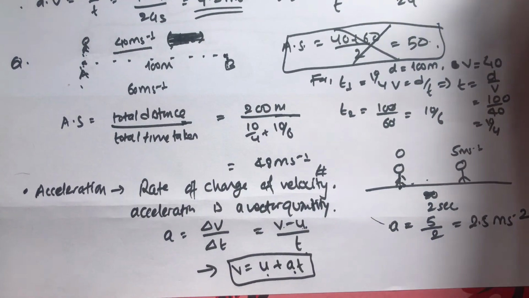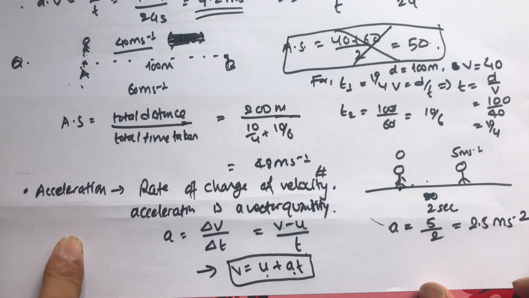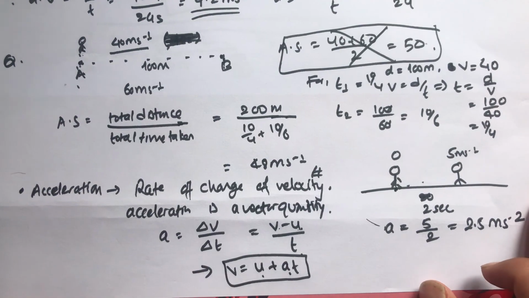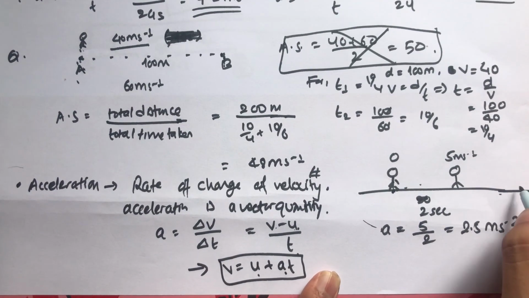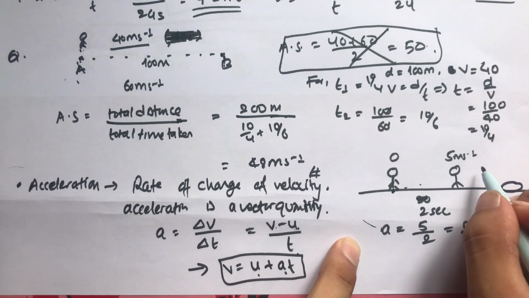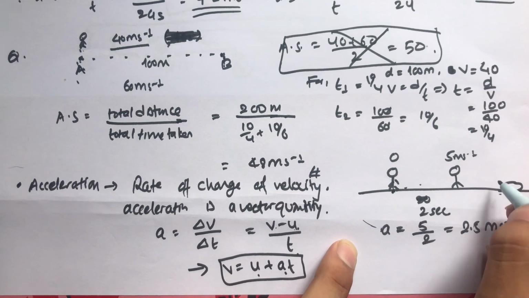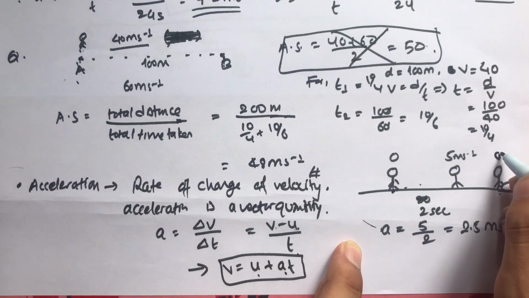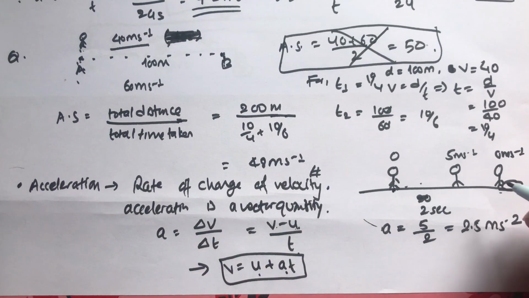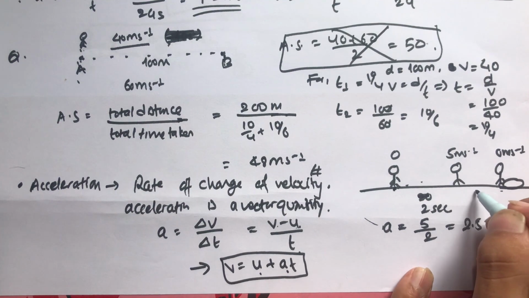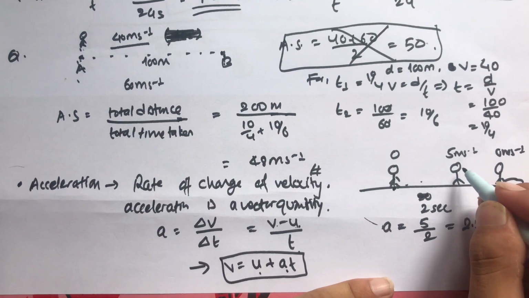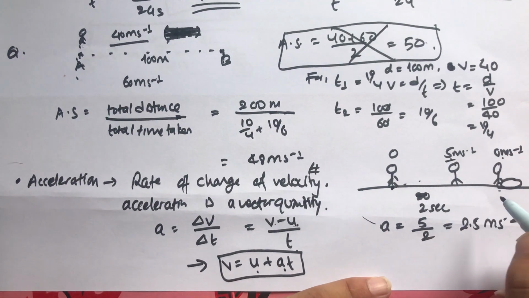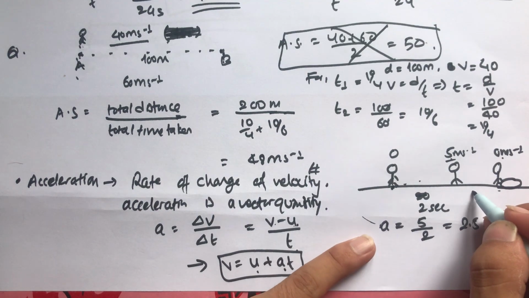Acceleration can be negative, and negative acceleration is known as deceleration. For example, let's say there's a hole and this boy now has to come to a stop here because he cannot walk through the hole. So he will start controlling himself. Let's say he goes from 5 meters per second to 0 meters per second in 1 second.